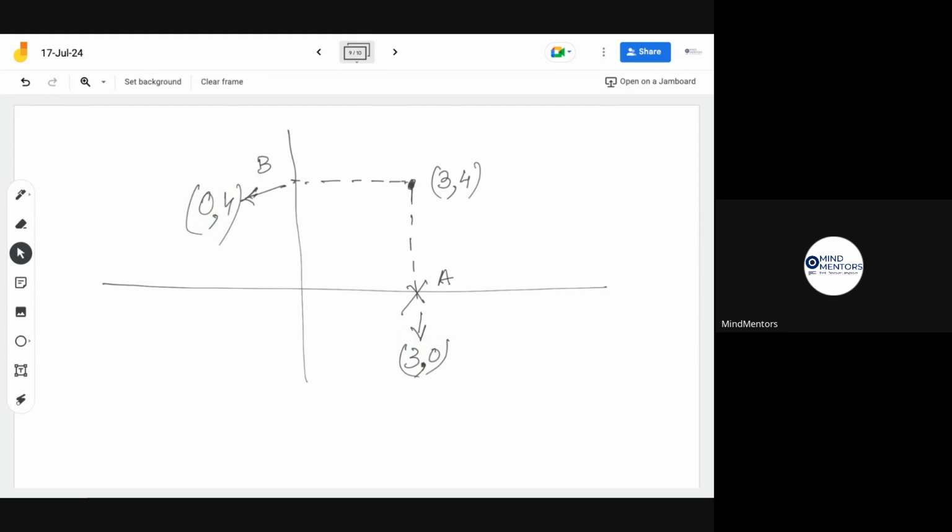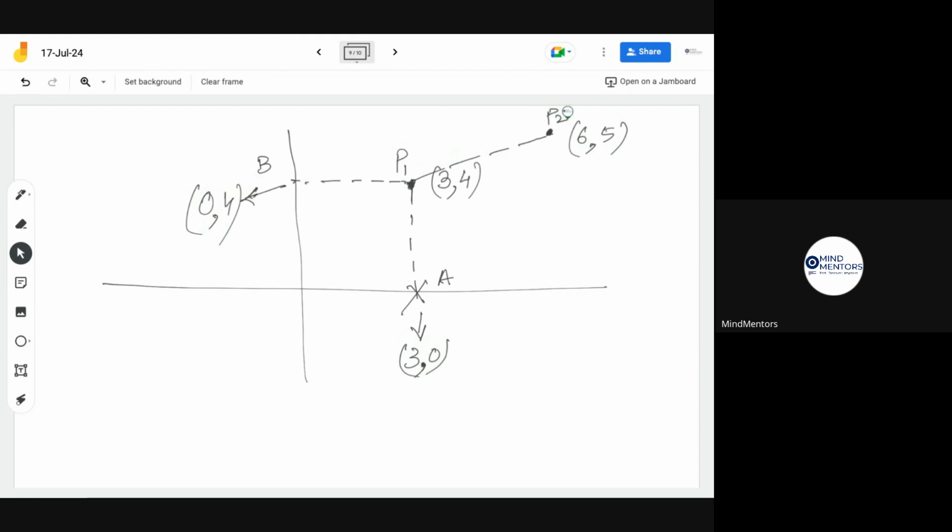So if this is 3, 4, and let's say this point is 6 and 5, I will join these 2 points. This is point P1 and this is point P2.